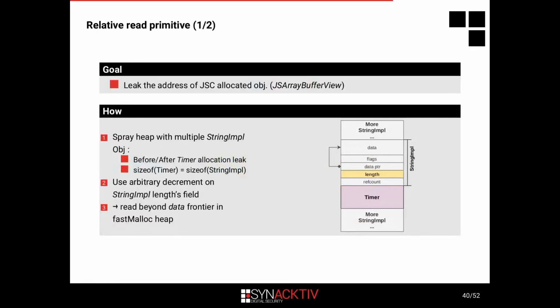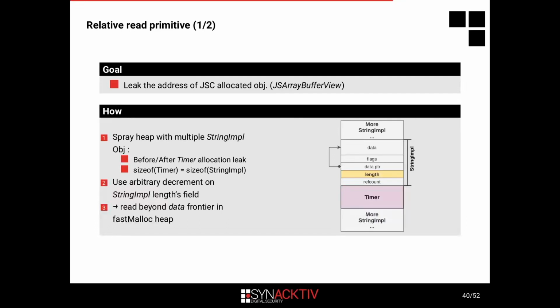The goal of the relative read primitive is to leak the address of a JS array buffer view. A JS array buffer view is an interesting object because it has a length field and it allows us to read and write arbitrary data.